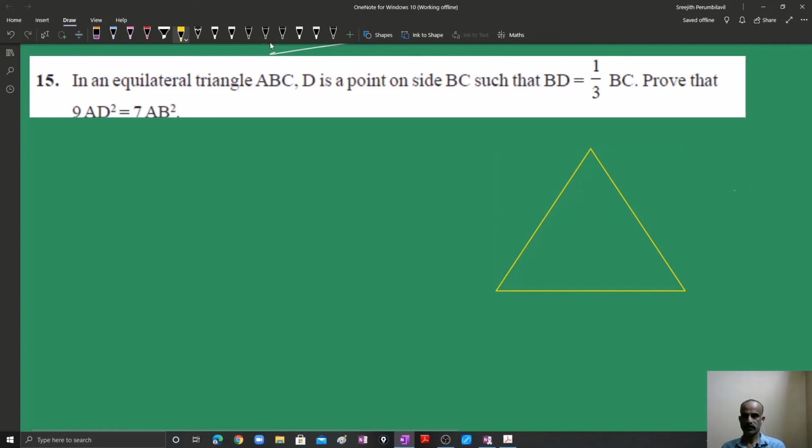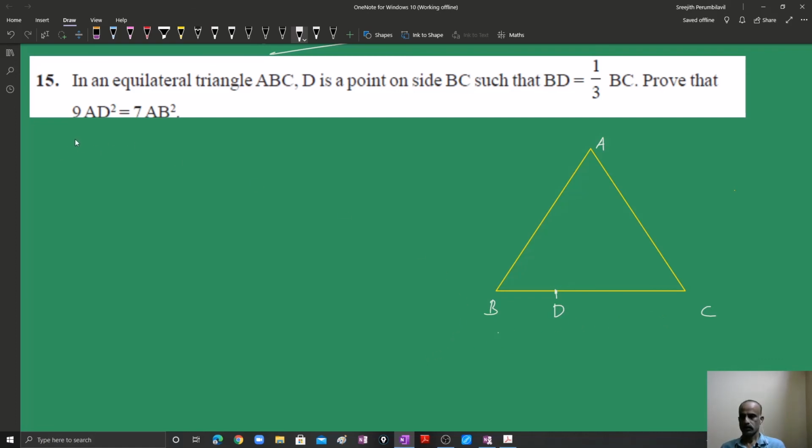What does Pythagoras theorem? Maybe some 90 degree coming. ABC. D is a point on the side such that BD is 1/3 BC. So if this is 1/3, what are the remaining 2/3?